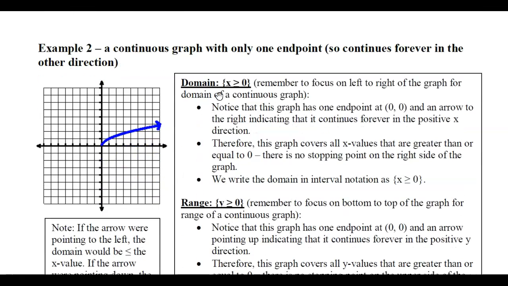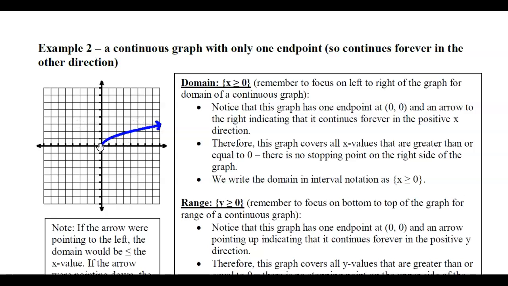A continuous graph may sometimes only have one endpoint. So that means that it's continuing forever in the opposite direction. So here we have an endpoint at 0, 0, and our graph is continuing infinitely to the right. So our focal point is left to right, so it's x greater than or equal to 0, because every x value beyond 0 exists.